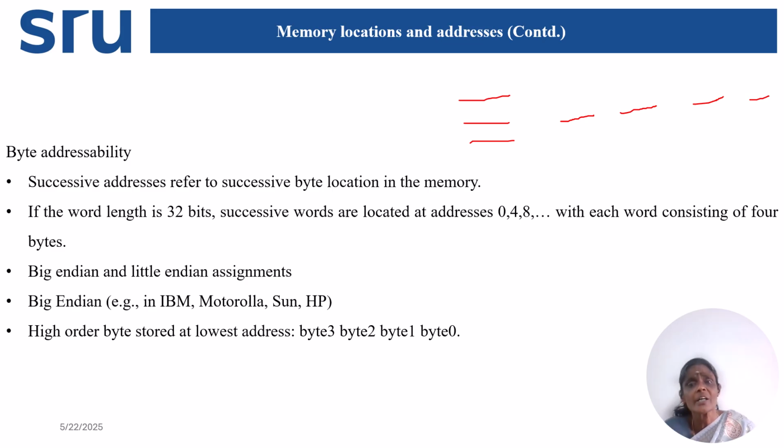That is why here it is 0, 1, 2, 3, and then 4, 5, 6, 7, and then 8, 9, 10, 11, and then 12, 13, 14, 15. So here 0, 4, 8, and so on.